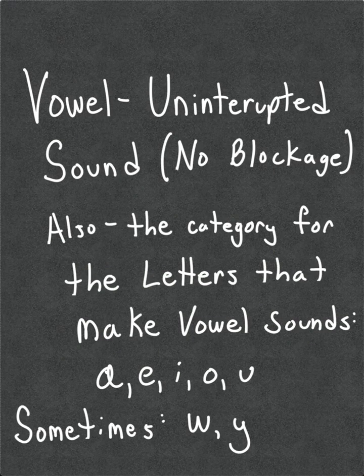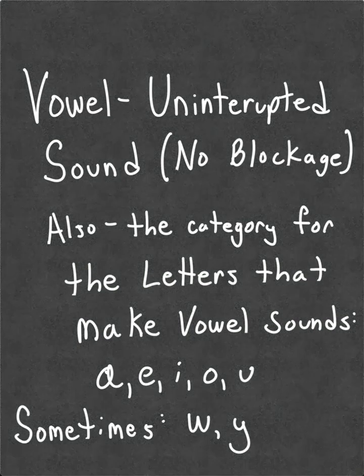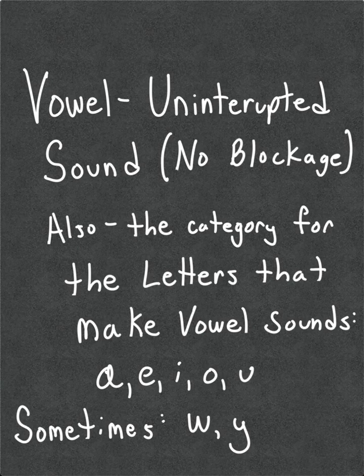So I ask students, what's a vowel? And every single time I get the same answer, A-E-I-O-U. And I say those are examples of vowels, but what makes them vowels? And to date, I haven't had a student say to me, well, a vowel is an uninterrupted sound. There's no blockage in the pronunciation of the vowel.